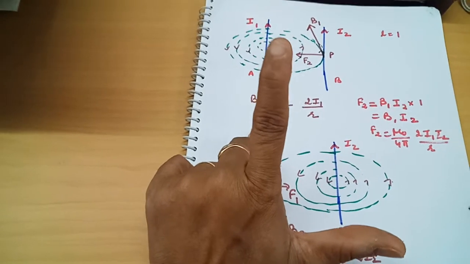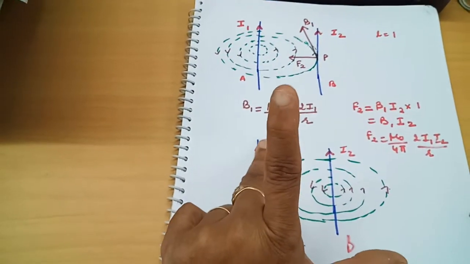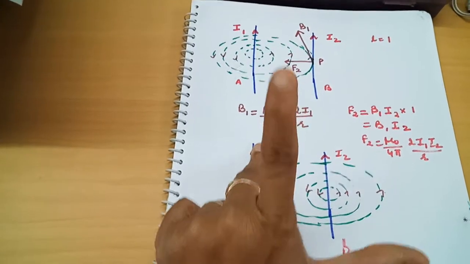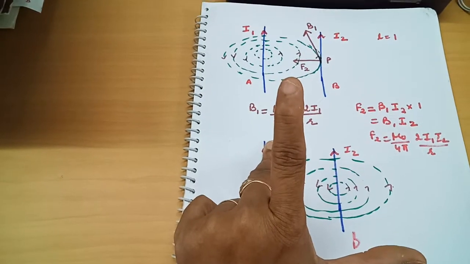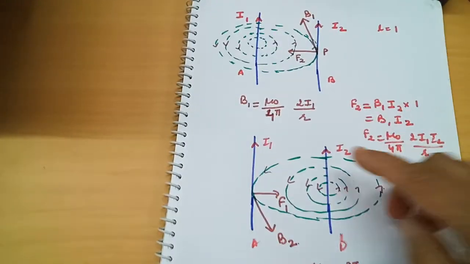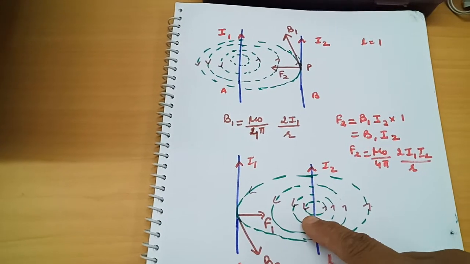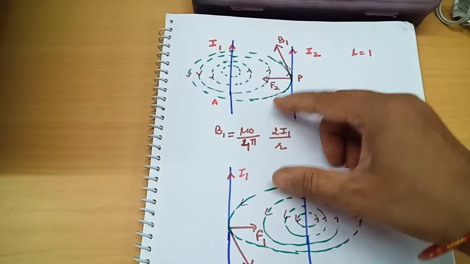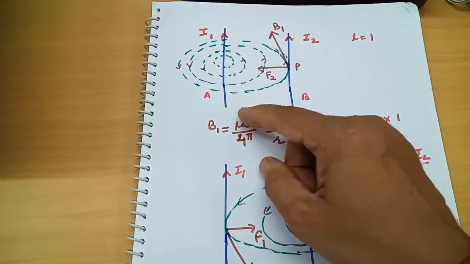The direction of the force is towards the conductor B. Current, field in the upward direction, and force towards the conductor B. So in this way, this force is acting towards the conductor A and this force is acting towards the conductor B. So what kind of force develops? Attractive, means both wires attract each other.